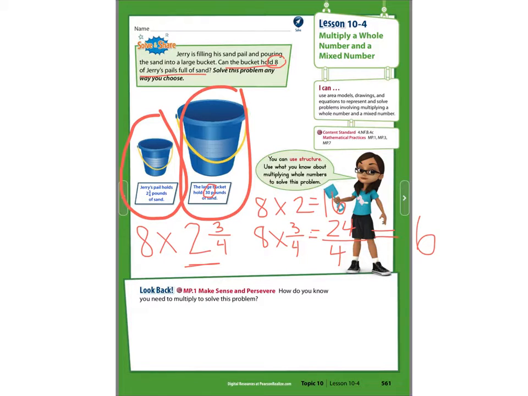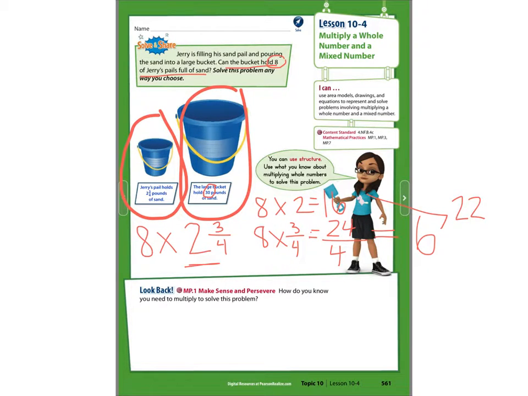Now I have the solution to multiplying 8 by my whole number, and that was 16, and then multiplying 8 by the fractional part, and the solution to that problem was 6. So now I need to combine by adding 16 plus 6, which is 22.